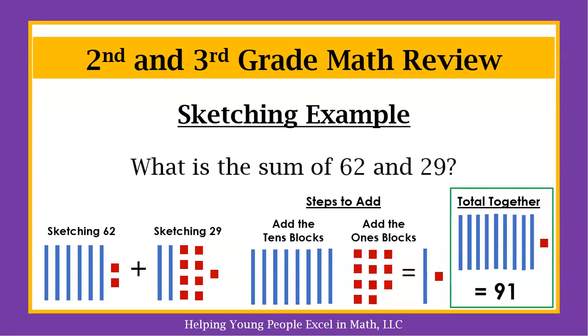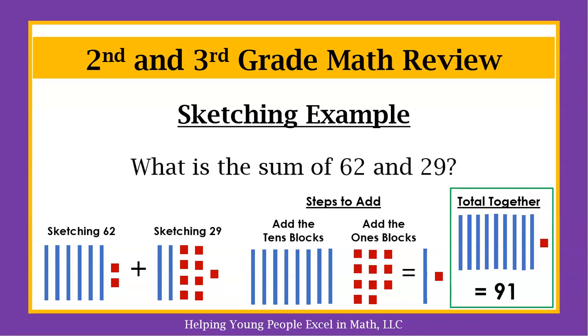The steps to add: first add all of our 10 blocks for both numbers. We have 6 in one number and 2 in the other. When we add that together, that is equal to 8. So we have 8 ten blocks in our group.